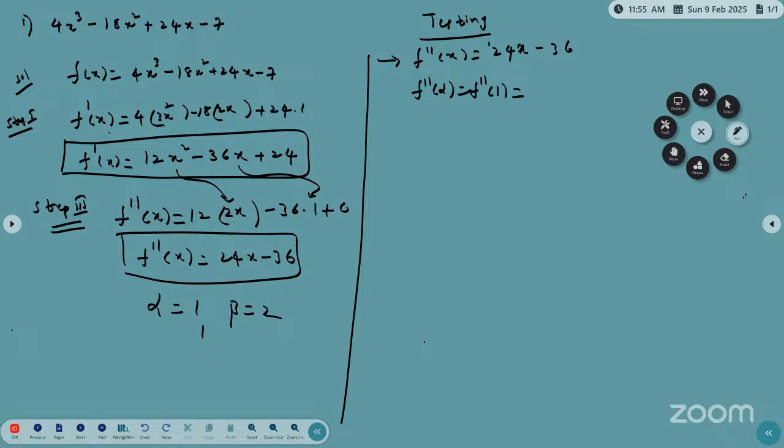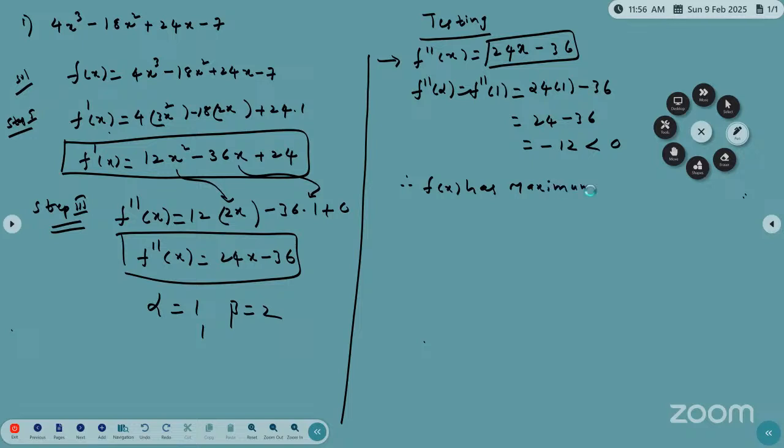If you substitute x equal to 1, what will you get? 24 into 1 minus 36, 24 minus 36, which is negative. Therefore, f of x has maximum at x equal to 1.